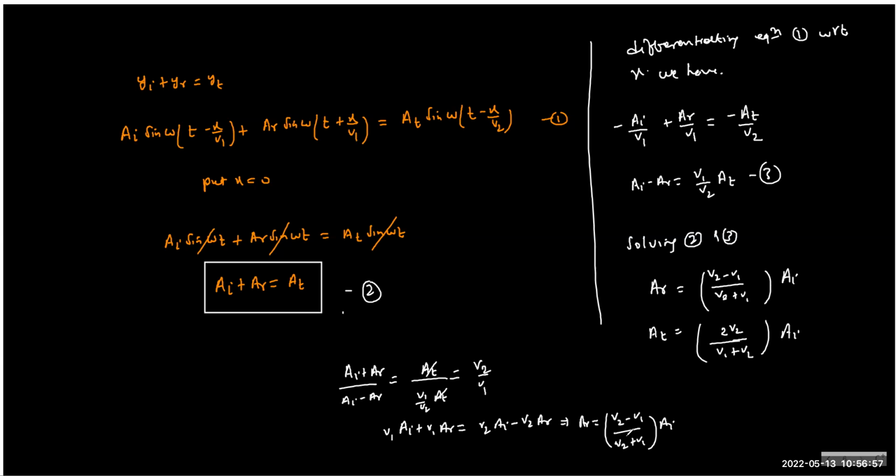Okay. So these two formulas are very, very important because if you know the intensity of the incident wave, you can find the intensity of the reflected and transmitted wave. So finally, we have the formula.